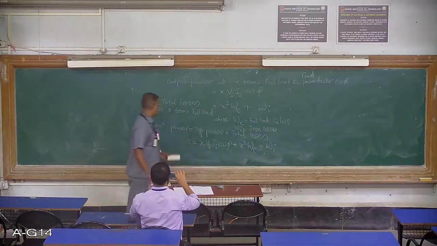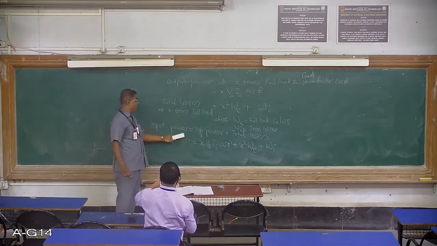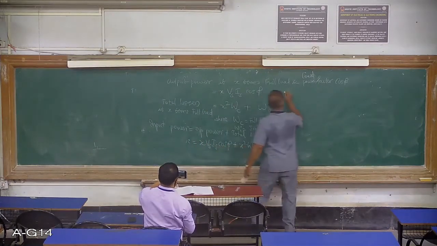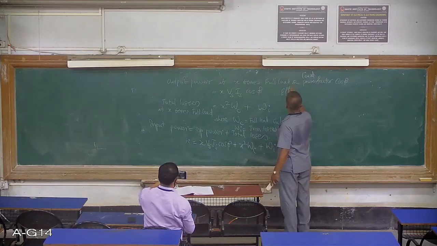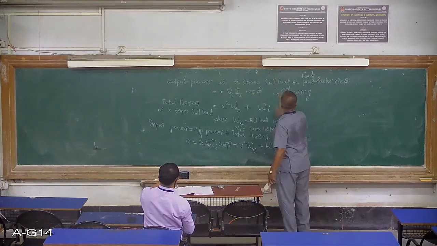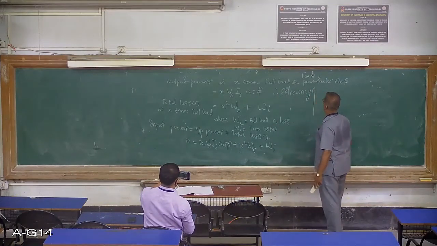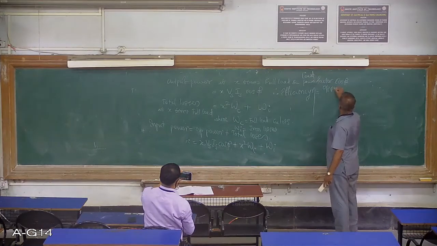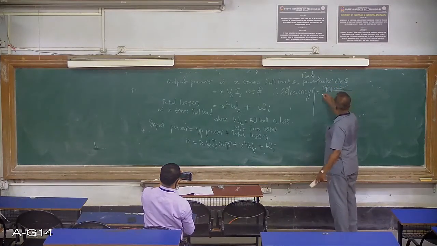So in this way we have got output power and input power, and readily you can find the expression for efficiency. As all of you know, efficiency is given by the symbol eta equal to output power divided by input power.